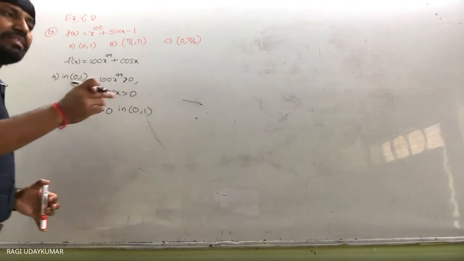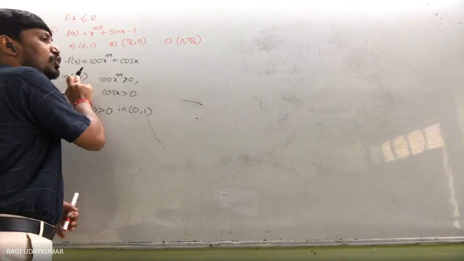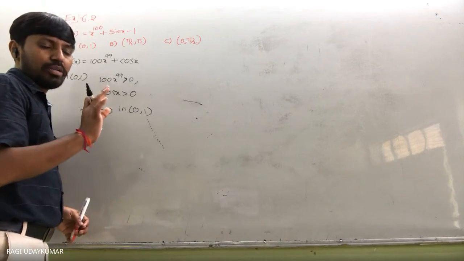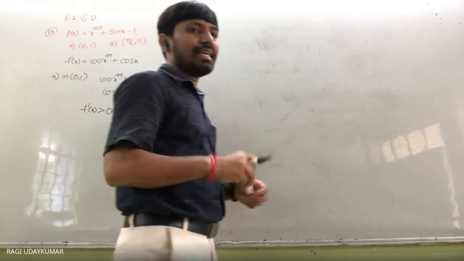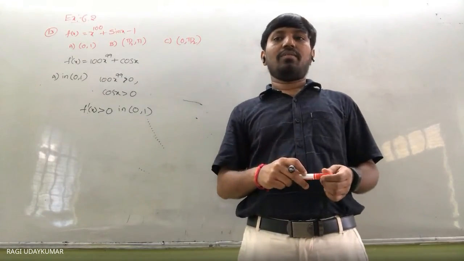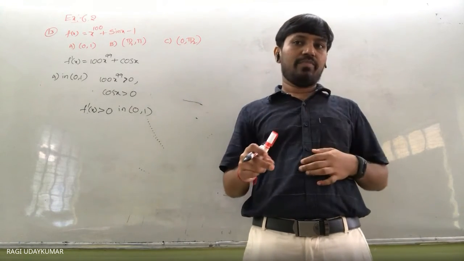First, whatever the step is written, instead of that I am saying cos x greater than 0, because 0 to 1 is nothing but number 0 to number 1, you have to take one number. So take the angle as cos 1 value. What is the cos 1 value? Cos 1 radian will remain positive because 1 is present in the first quadrant.